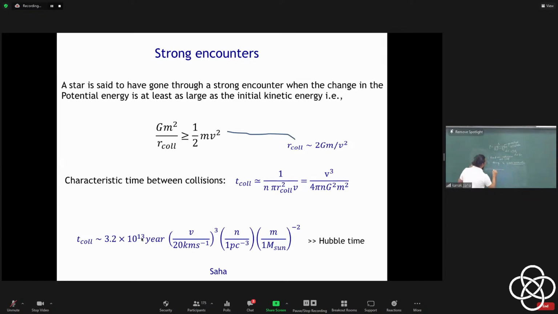Imagine a star goes around in a straight line path with an initial velocity v. Right? If there is some other star, again there will be some deflection.